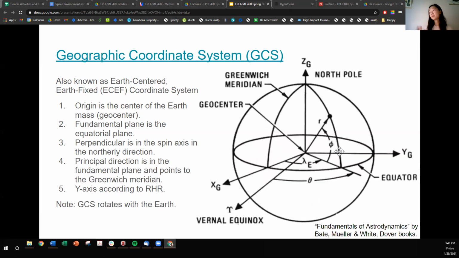Now, if we were to spin with the surface of the Earth, then we could define something called the geographic coordinate system or the Earth-centered, Earth-fixed coordinate system. GCS can give positions as spherical coordinates using latitude, longitude, and elevation, which many geographers find useful.